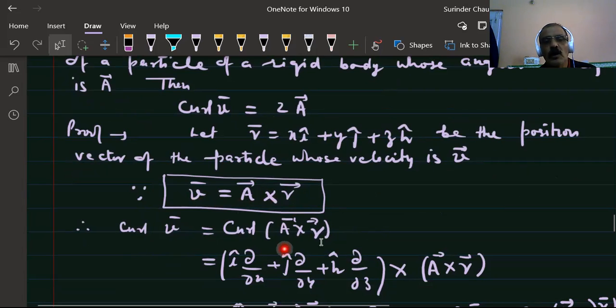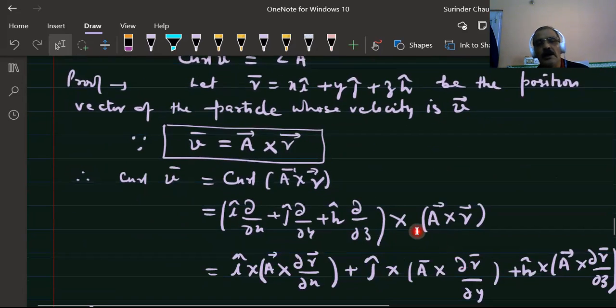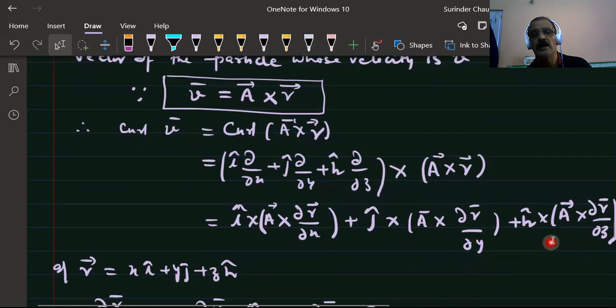So curl of v is equal to curl of ω × r. Now ω is a constant, so we don't use the product rule here. This is equal to i cross the partial derivative of (ω × r) with respect to x, plus j cross the partial derivative with respect to y, plus k cross the partial derivative with respect to z.